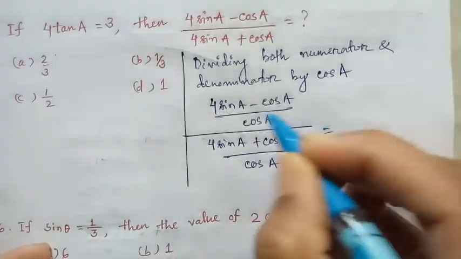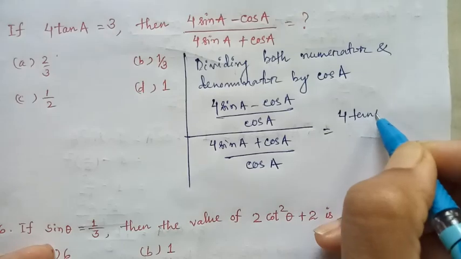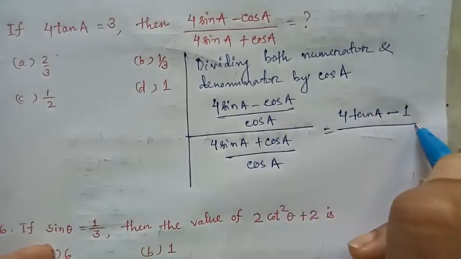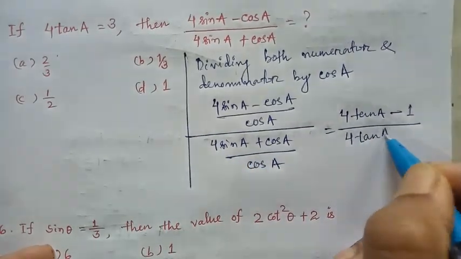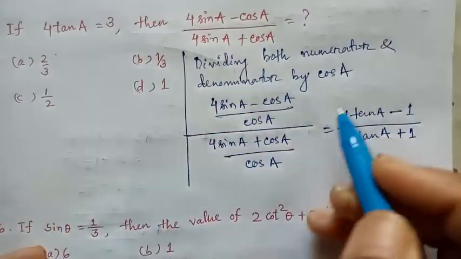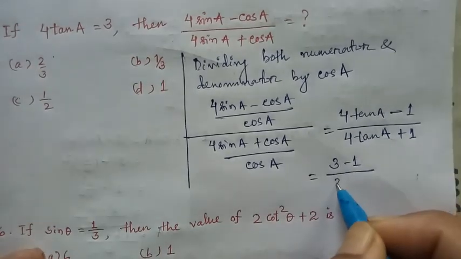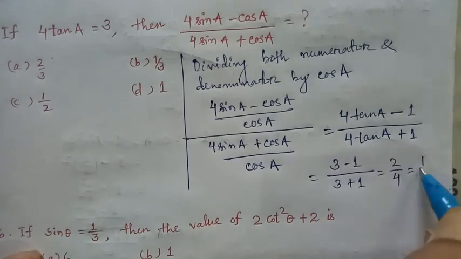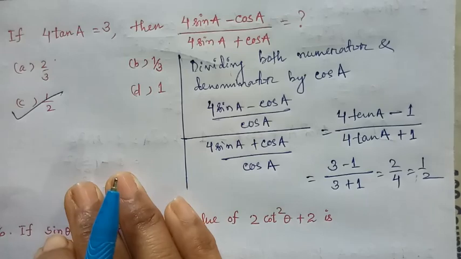From this, 4 sin a upon cos a is 4 tan a, minus cos a upon cos a, that is 1, upon 4 tan a plus 1, and tan a is given as 3. So that is equal to (4 times 3 minus 1) by (4 times 3 plus 1), that is 11 by 13. Option C.